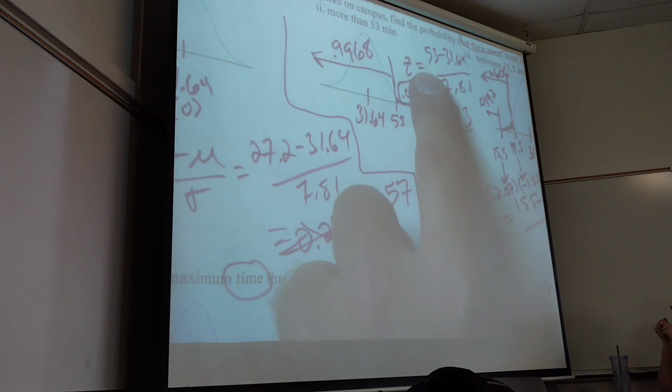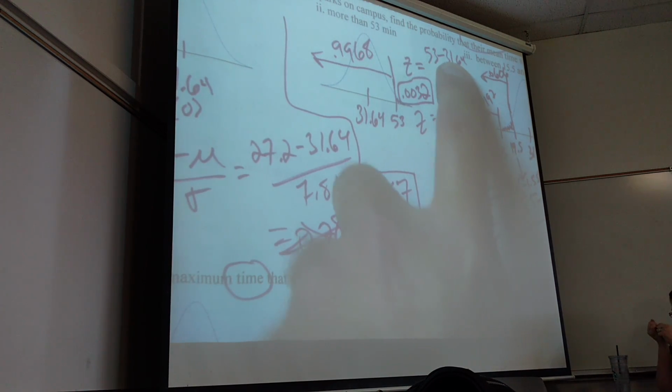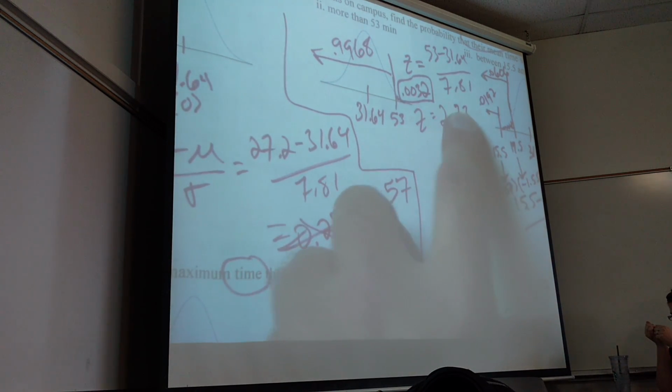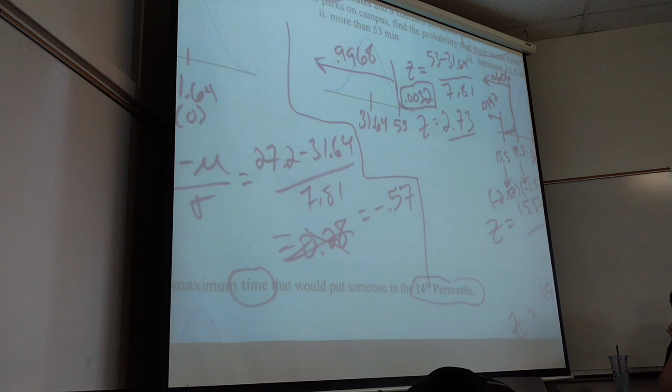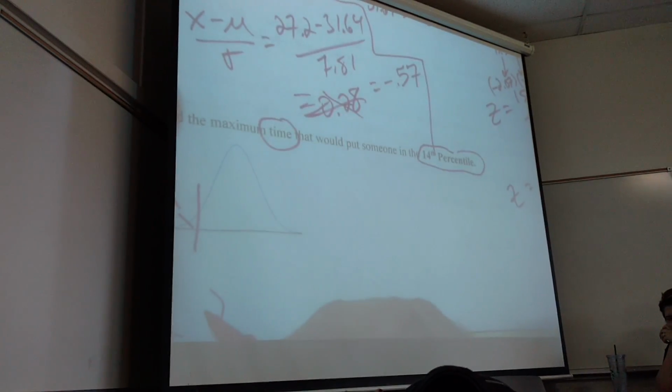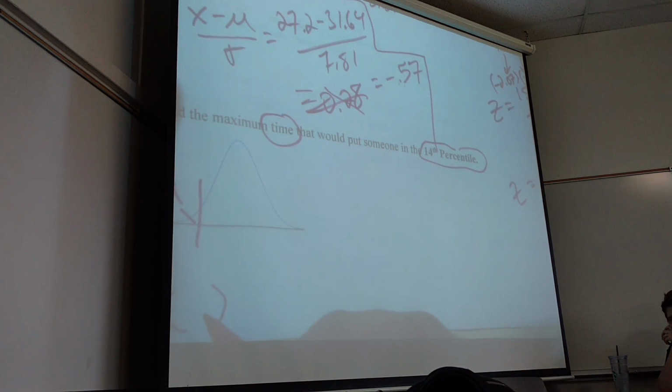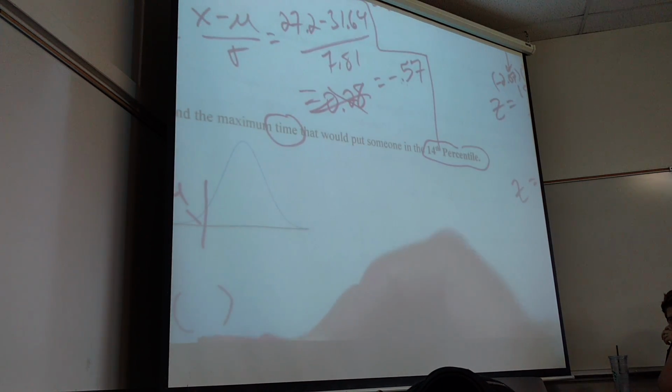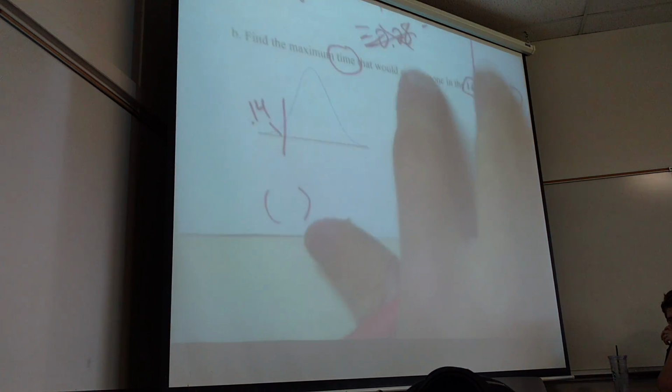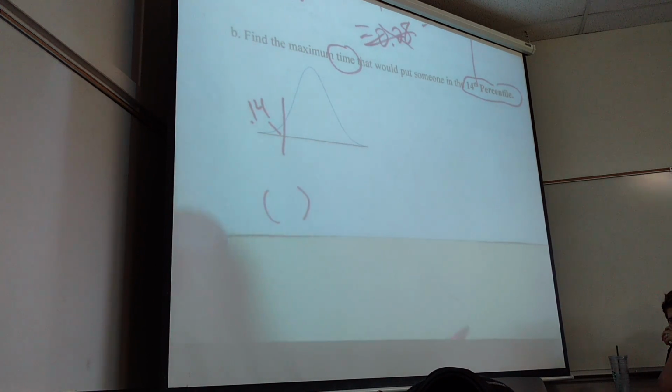When I calculate a z-score, it's minutes minus minutes, which is minutes, divided by minutes, so the minutes cancel. No units. So when I look up the z-score here, that's not going to be my answer because it has no units. My units have to be minutes. I want a maximum time. So let's first see if you guys can find the z-score for 0.14.